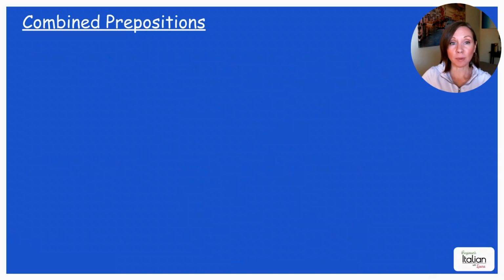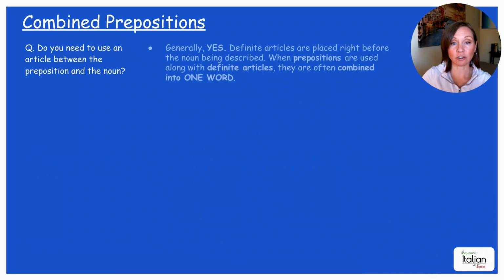Okay, combined prepositions. Do you need to use an article between the preposition and the noun? Generally, yes. So definite articles are placed right before the noun being described.